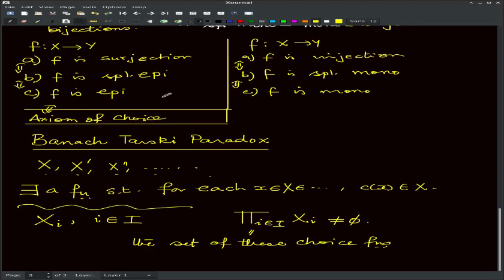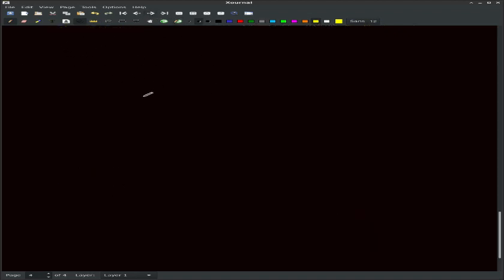And where does this come in? Well, you have told me that F is an epi, and you want to say that it is a split epi. Epi implies surjection is not a problem, but the problem is that surjection implies split epi. This is the part which involves choice.